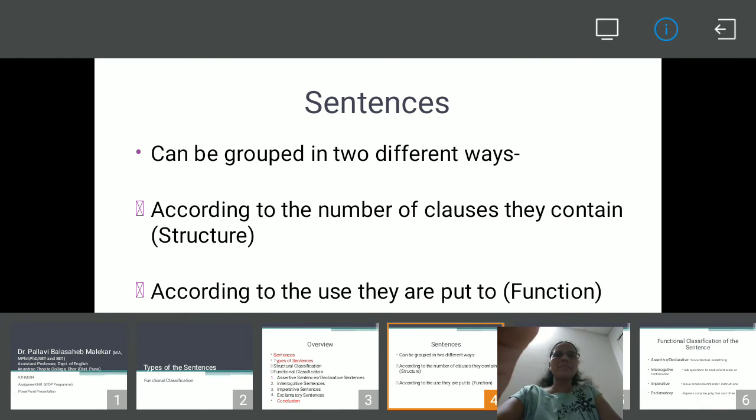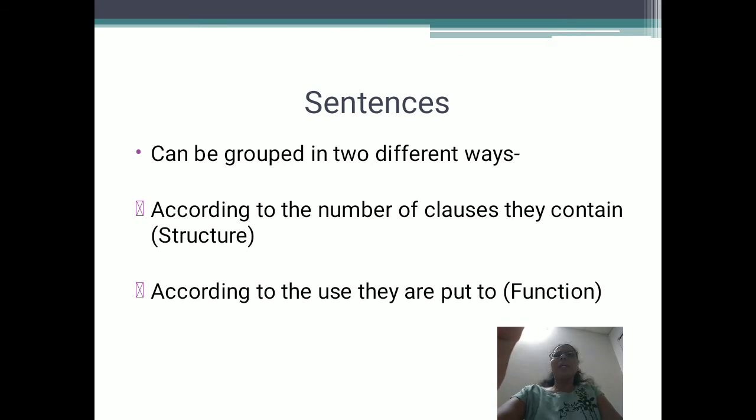My first slide deals with sentences. Sentences can be grouped in two different ways. We can classify the sentences according to the number of clauses they contain, means the structural classification, and according to the use they are put to, means the functional classification of the sentence.